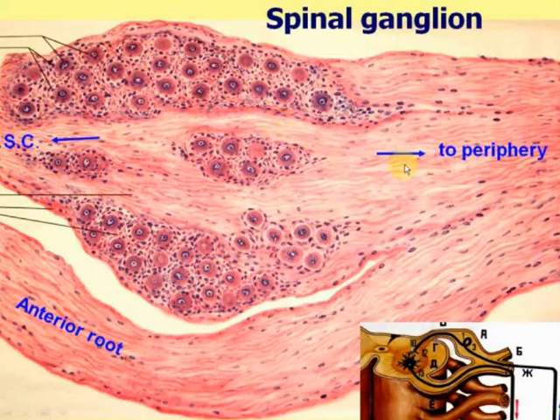Dendrites of these neurons go into the periphery, and axons compose the posterior root and go inside the spinal cord. So this is posterior root and this is anterior root. And anterior and posterior root fuse together and compose the mixed peripheral nerve.